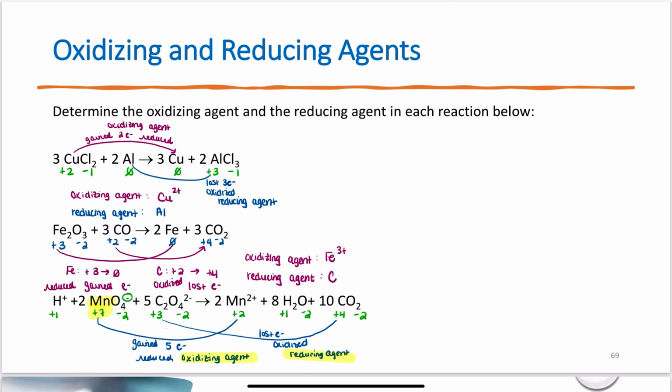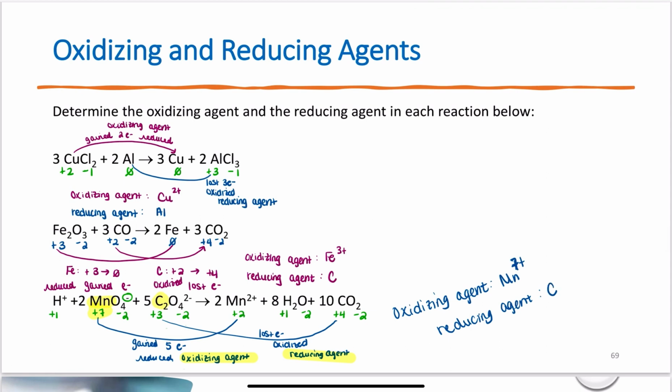The reducing agent is the carbon. So manganese 7 plus, that is a 7. And the reducing agent is carbon.